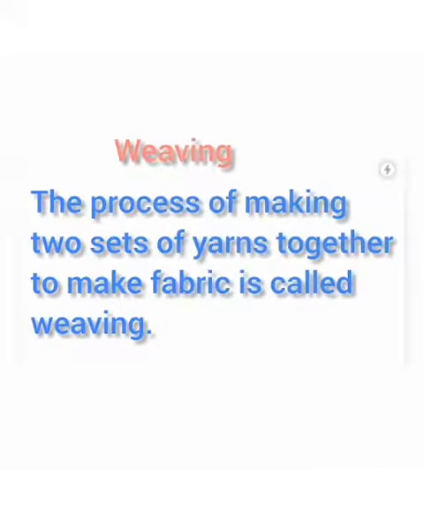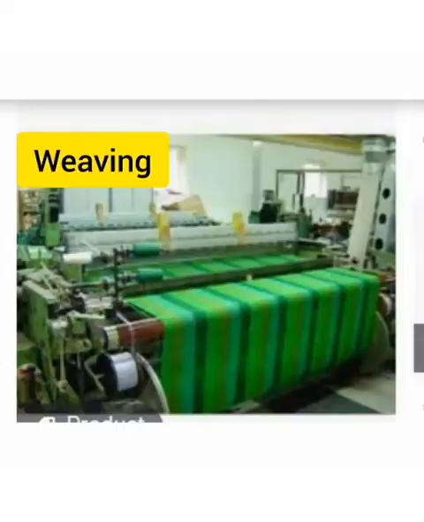What is called weaving? The process of interlacing two sets of yarns together to make fabric is called weaving. It is done by weavers on a machine called loom.